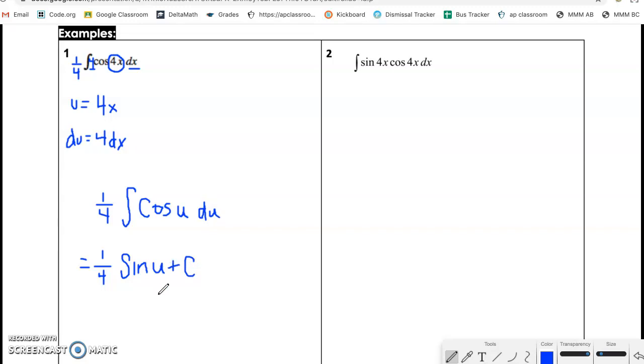Now, just like before, our last step is to replace the u with 4x, because I want the equation in terms of x at the end. So it equals 1 over 4 sine of 4x plus c.